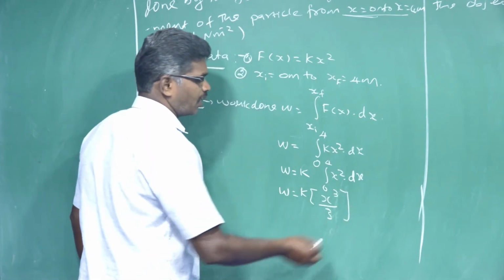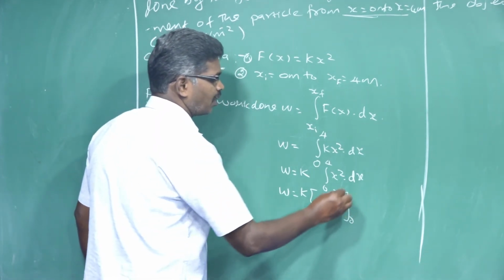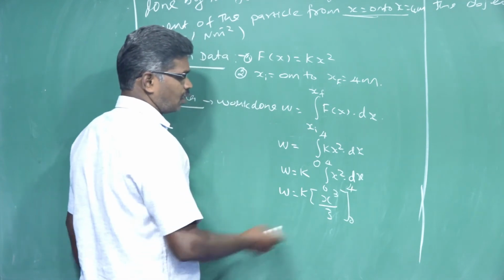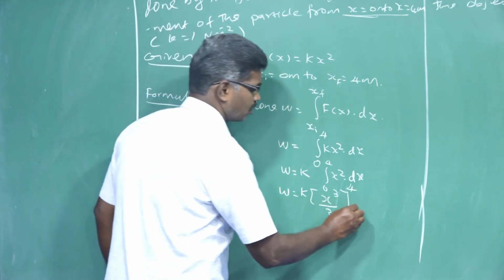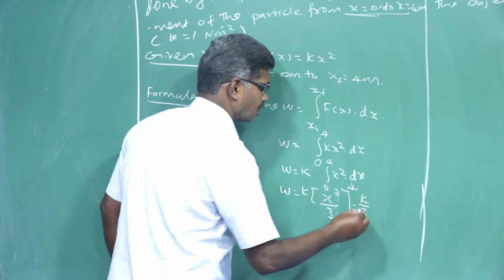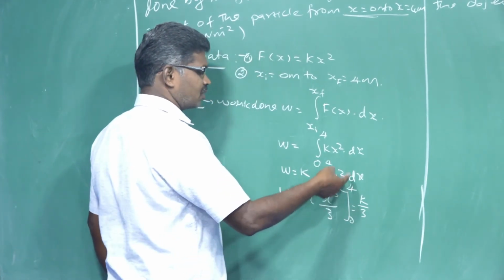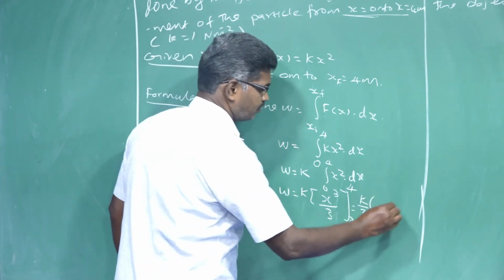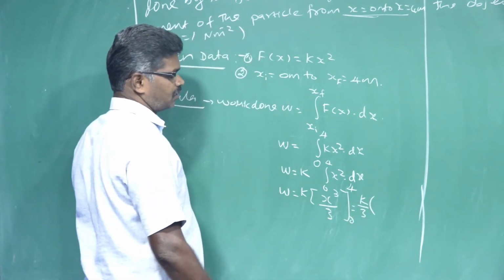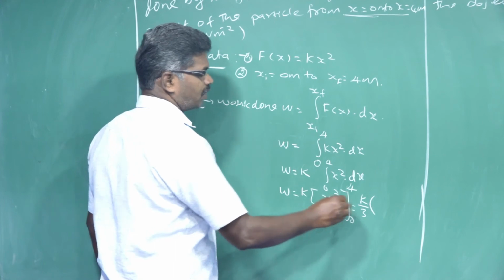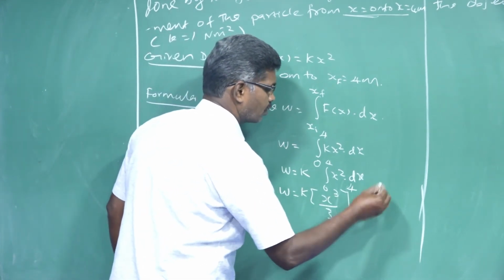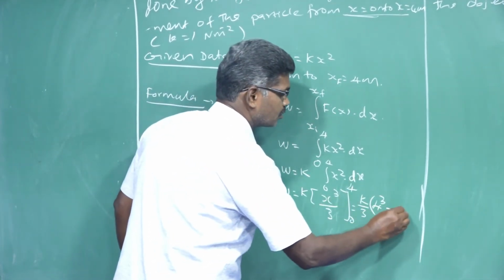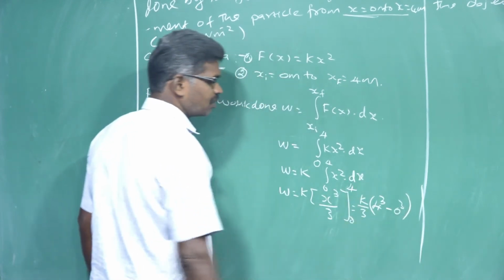The lower limit is 0, the upper limit is 4. This 3 is taken out, k by 3, and we are going to substitute the upper limit and lower limit. What is that? X cube, that is 4 cube minus 0 cube. 0 cube is nothing but 0.